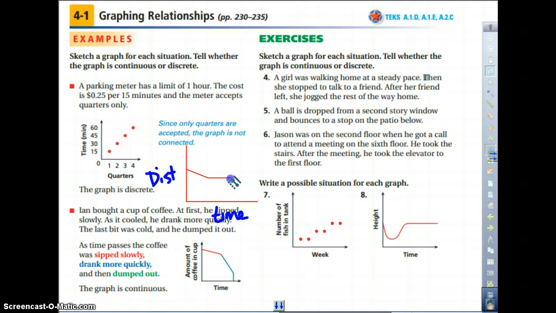Horizontal. And then she jogs the rest of the way home. So she's still decreasing her distance between home and where she's at, but how should this line compare to the original drop right here? It should be faster. So is that going to be less steep or more steep? Yeah, more steep. It should look something like that.